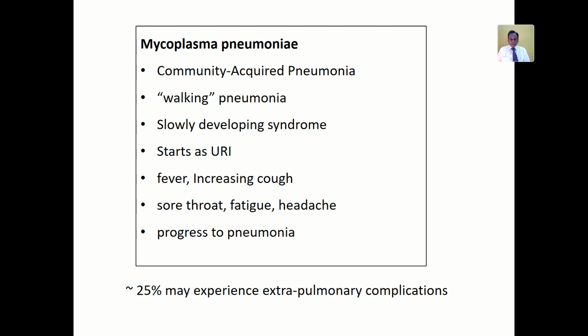And one thing I want to say is that unlike the typical organisms, Mycoplasma pneumoniae doesn't have any cell wall, and it has a lot of extra pulmonary complications that you have to keep in your mind.